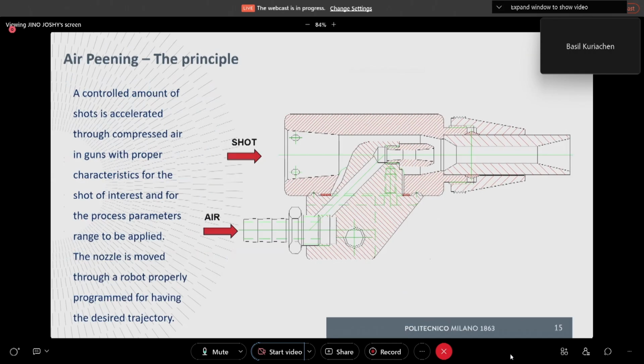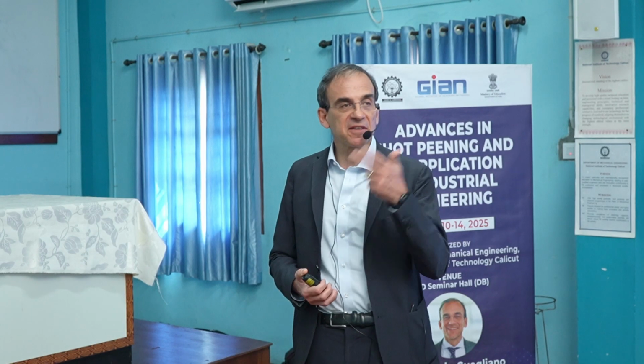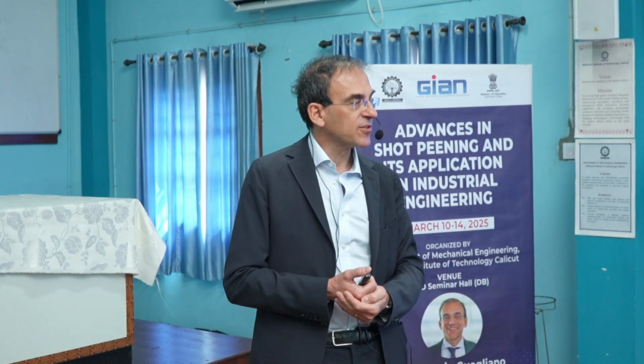Here we are using air to accelerate the shot, and here it is clearly visible, we have a nozzle where the compressed air is mixed with the shot, and in this way, by means of this gun, let's say, with the nozzle, we are able to accelerate the shot.